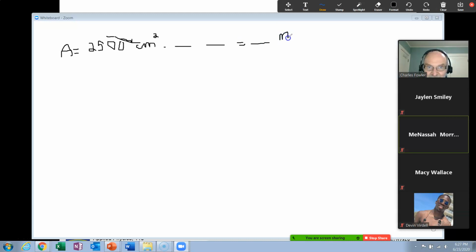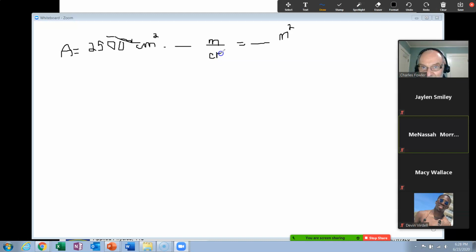Meter is your SI unit for length. Square meter would be the SI unit for area. So which unit will we put above and below? This line's for the units, that's for the numbers. Always put the units in their place. Which one goes where? The meter goes on top and the centimeter goes on the bottom.